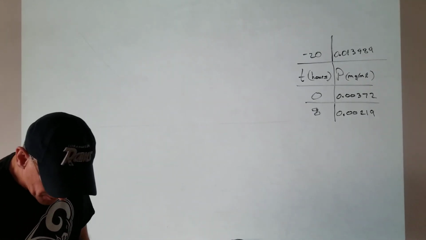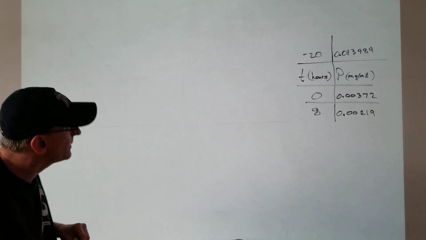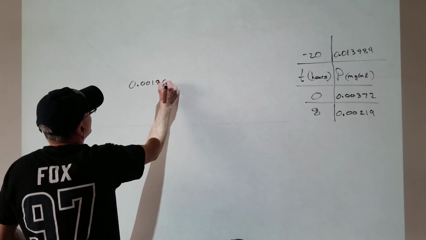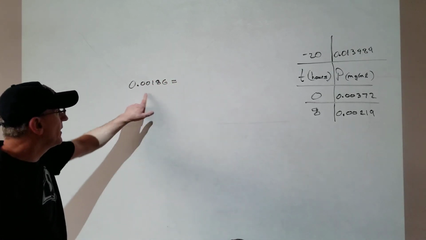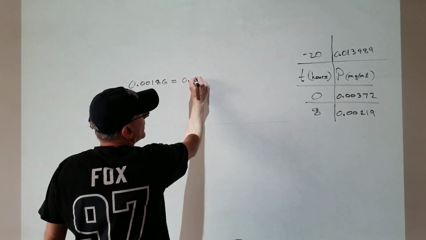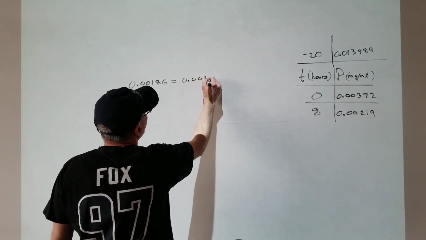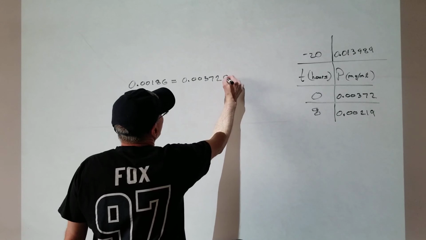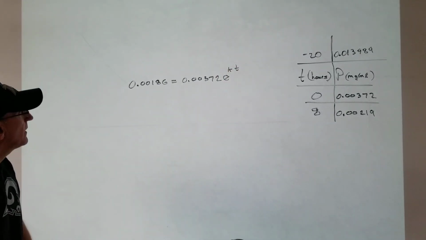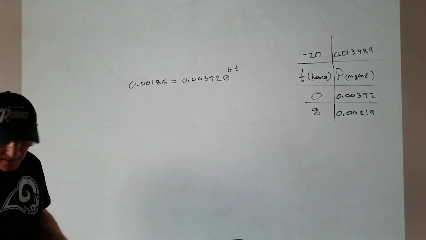So what we'll do is we'll put 0.00186 into the poison side of the equation. We'll set it equal to 0.00372 e to the kt. And remember, we know what k is, and it's stored in our calculator. Okay, how do you go about solving this?